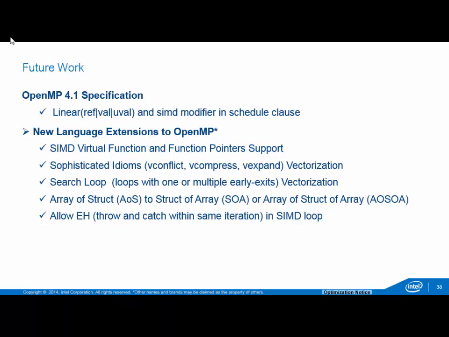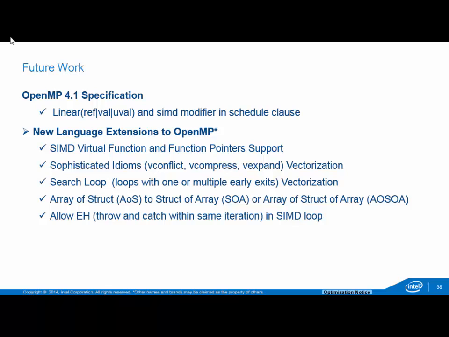And finally, the future work. In the 4.1 specification, we're adding more features. But in the future, there's a lot more we could do to support function pointer vectorization, virtual function vectorization, and to deal with loops and functions that actually have a data conflict.